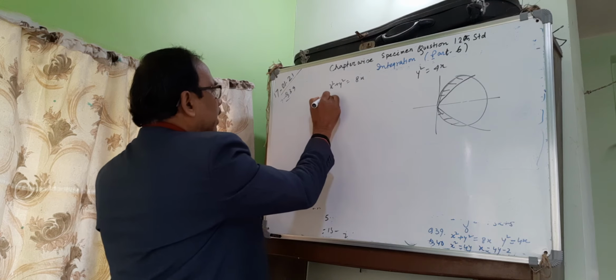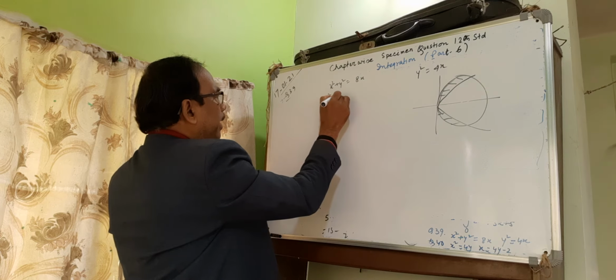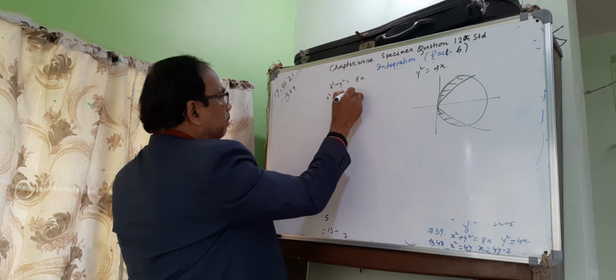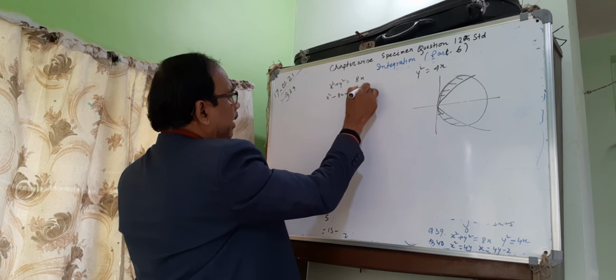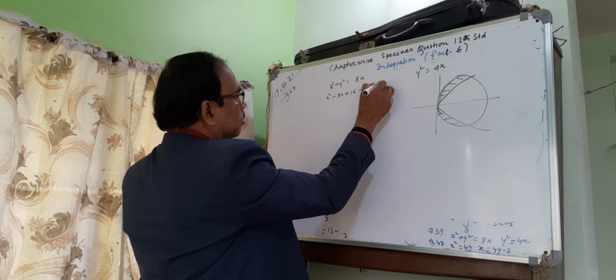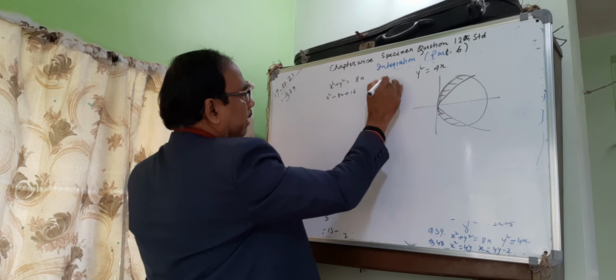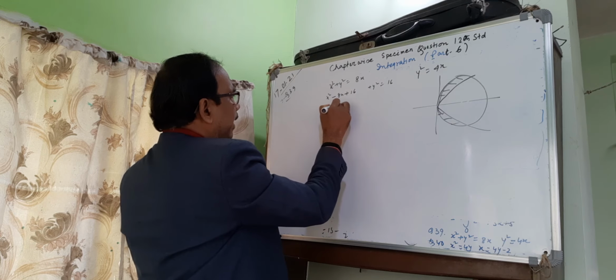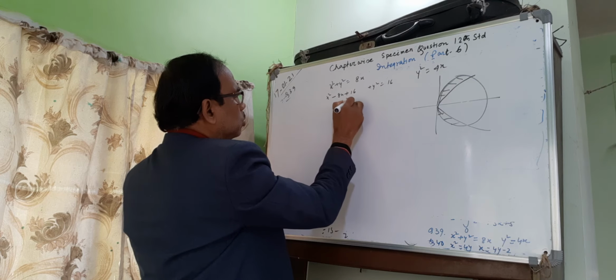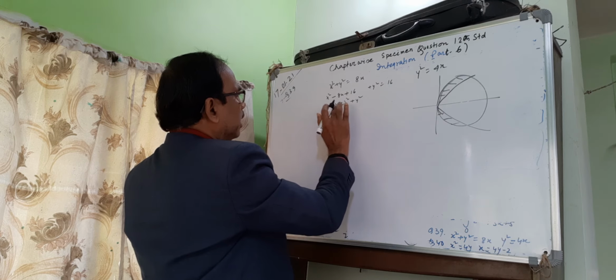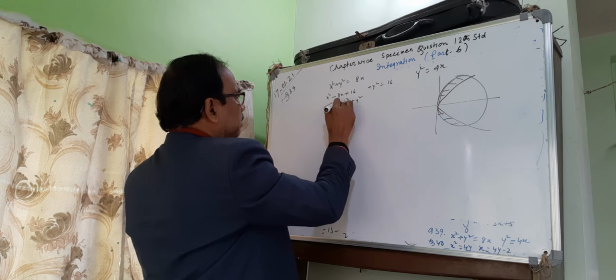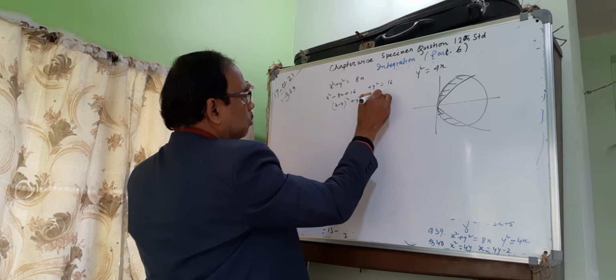So look here, x square minus 8x plus 16 minus 16 plus y square equals 0, so 16 coming here. This is (x minus 4) whole square plus y square equals 4 square.